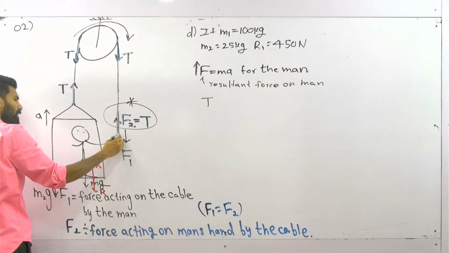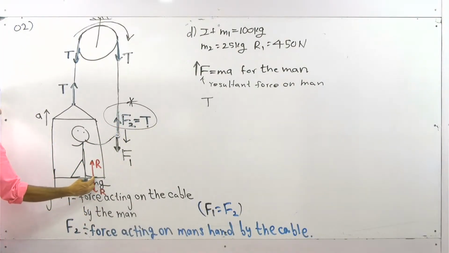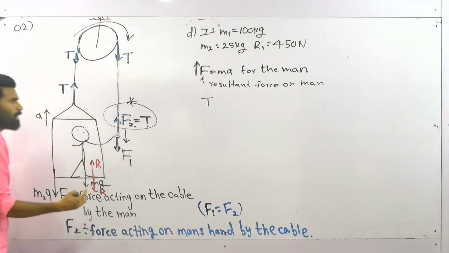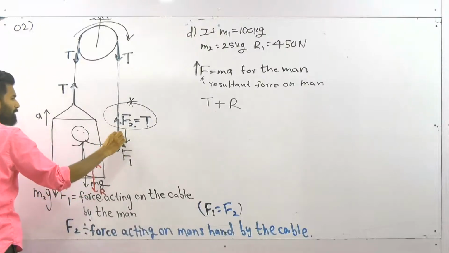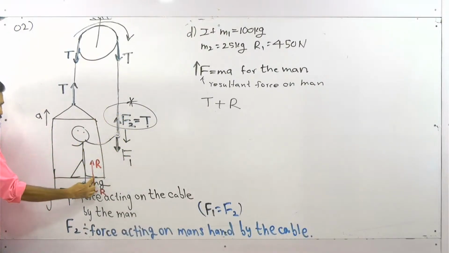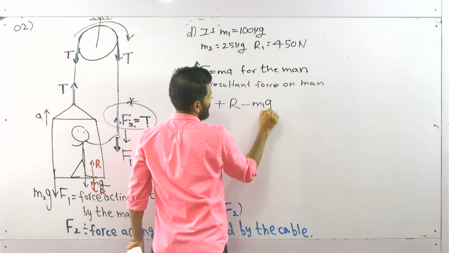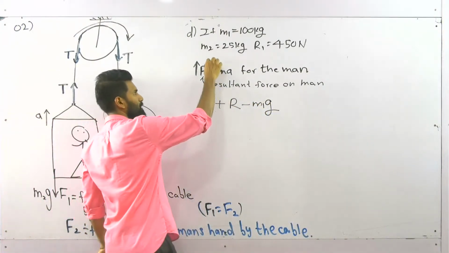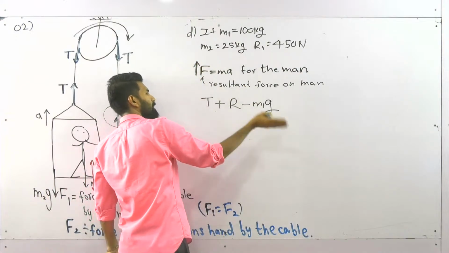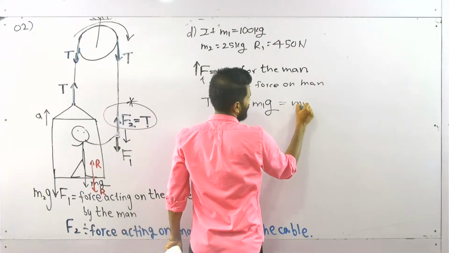The upward force from the tension in the string, T, and the normal reaction force acting on his leg by the ground, R. And his weight is in the opposite direction, downward, so it will become a minus as I am considering the upward resultant force. T on his hand, R on his leg, minus M1G is equal to M1A.